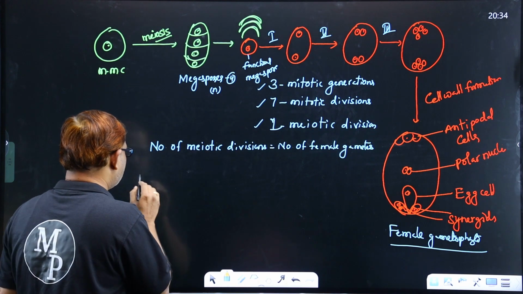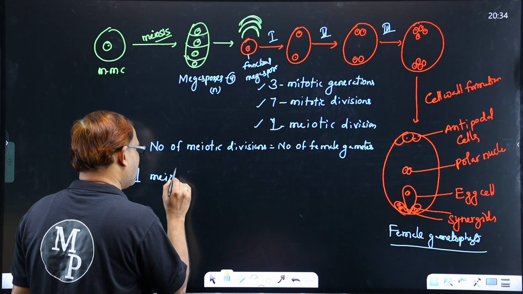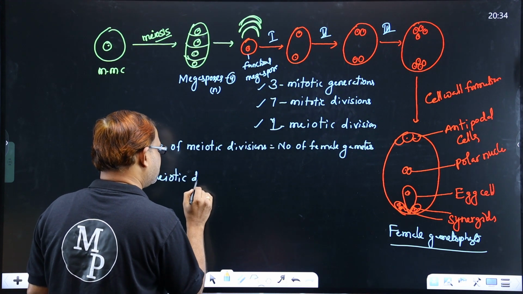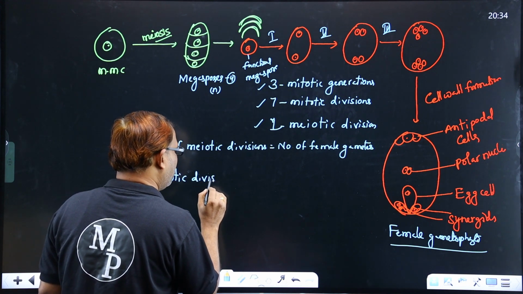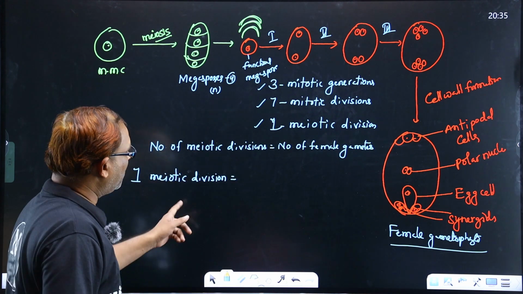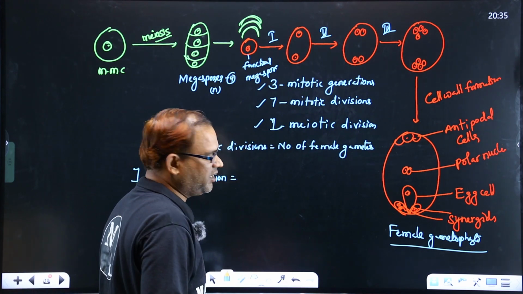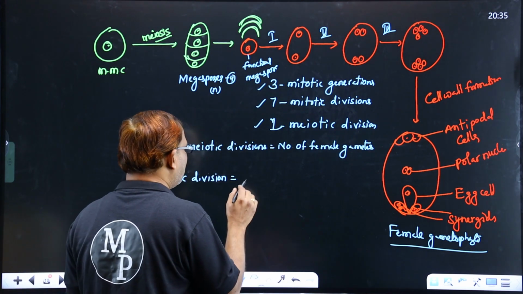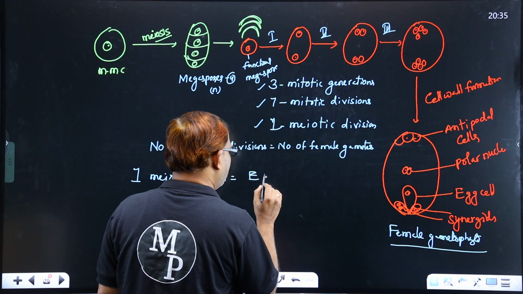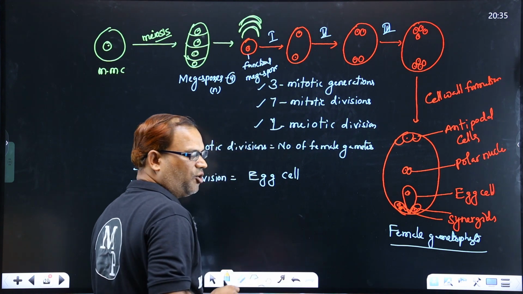Clear, all of you. One meiotic division gives how many egg cells here? Only one egg cell. How many synergids?